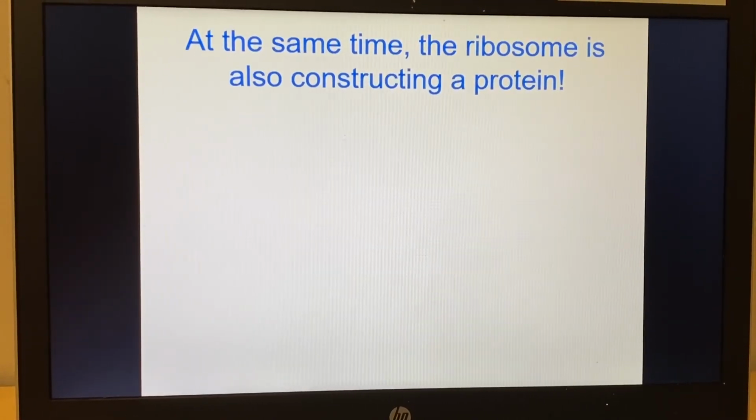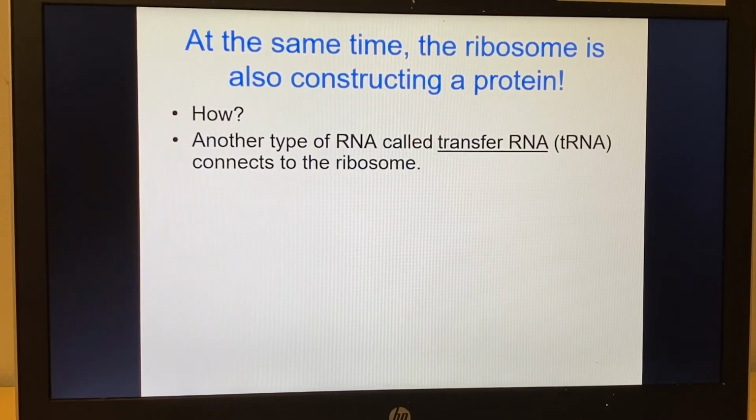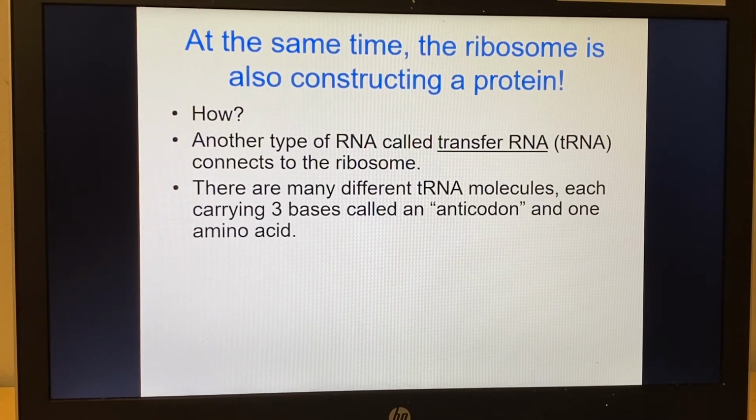Okay, so the ribosome then reads the code of messenger RNA, and by using transfer RNA, it's able to construct the protein that the messenger RNA is carrying the code for. Transfer RNA is another type of RNA, and transfer RNA molecules float around in the cytoplasm all over the place.